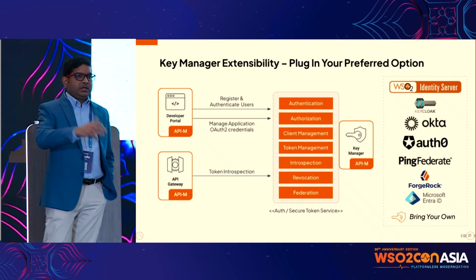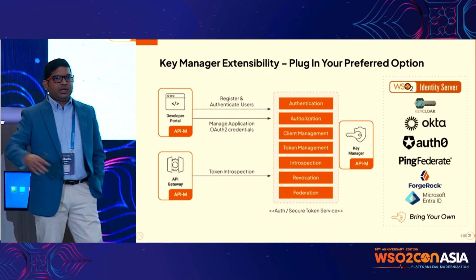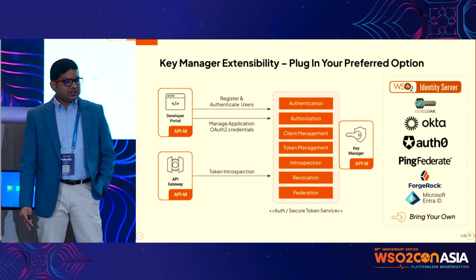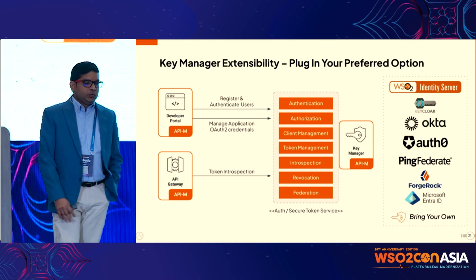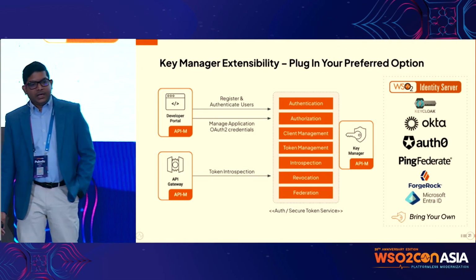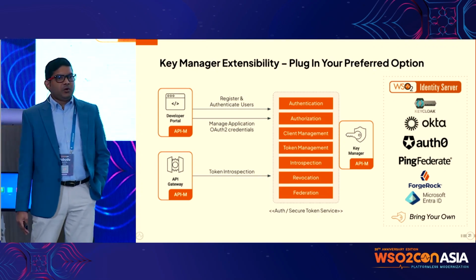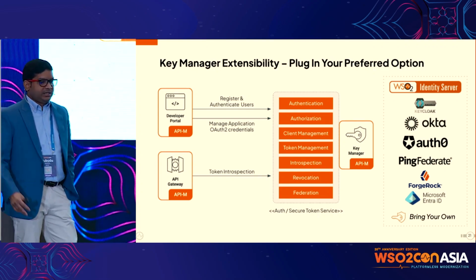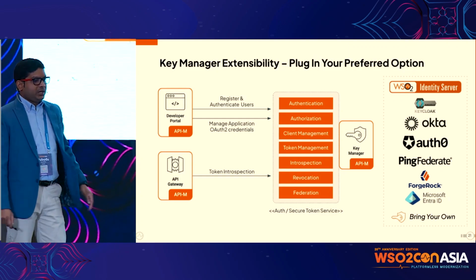Just bring your key manager, plug it into WSO2 API Manager and authenticate your API requests. So that's the high level idea. And if you don't see your API authenticator here, you can even bring your own connector and plug in your third party key manager as well.